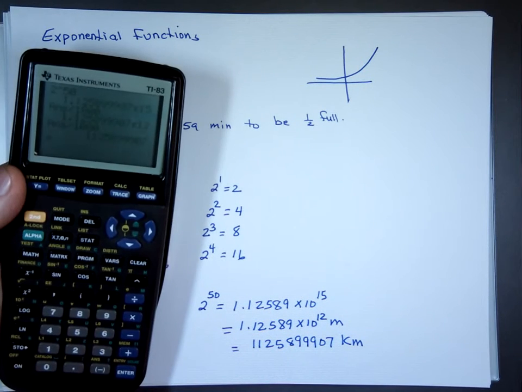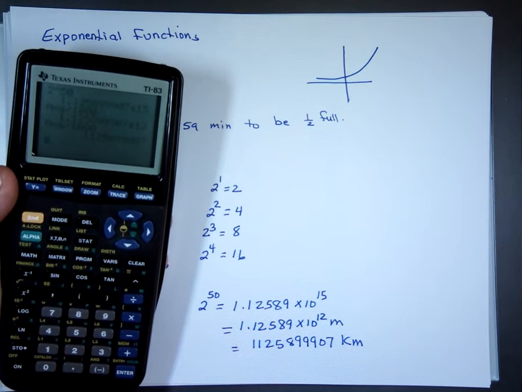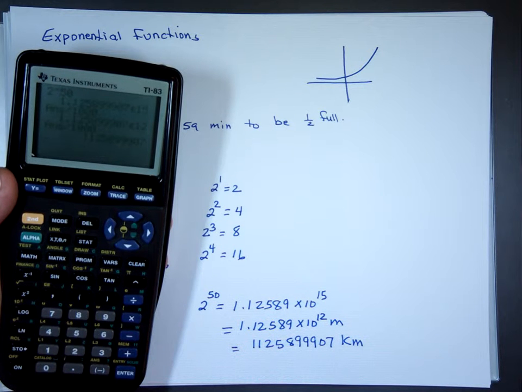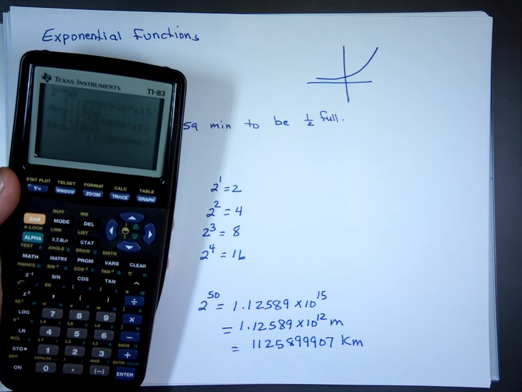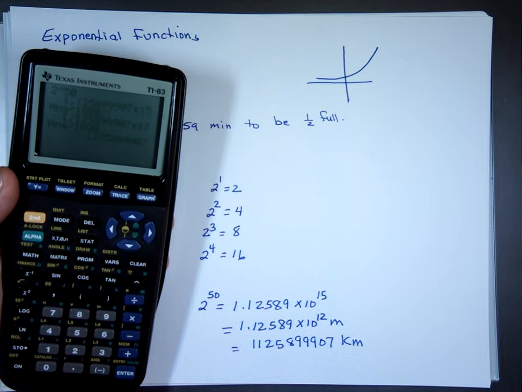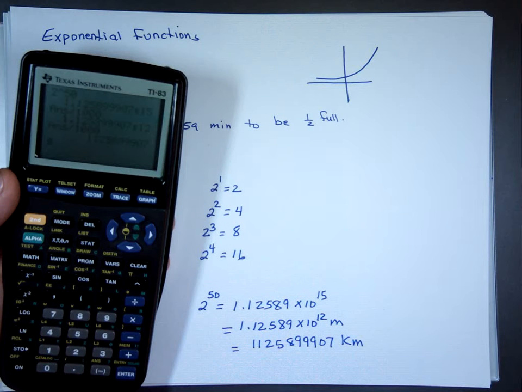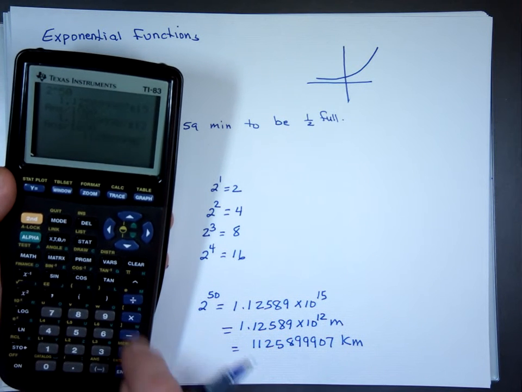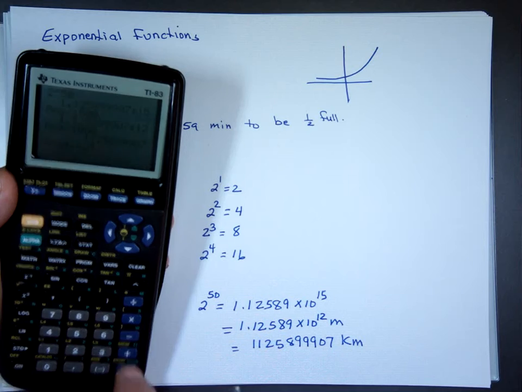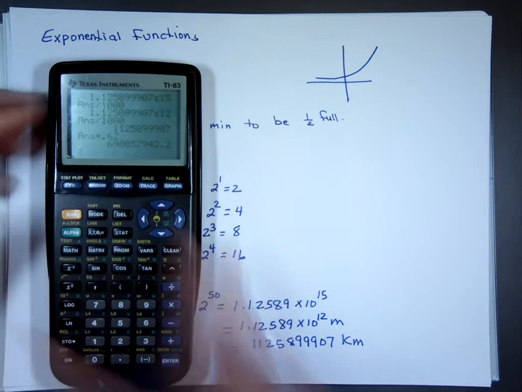Do you know how big a kilometer is? 0.62 miles. If you're a runner, when you run a 5K race, that's what? 3.1 miles. A 10K is 6.2 miles. So multiply by 0.62, and here's how many miles high it will go.